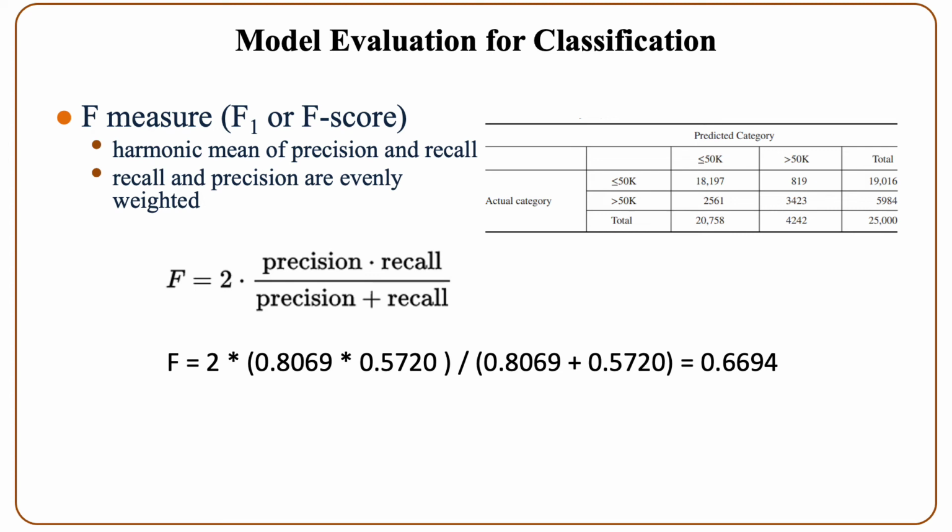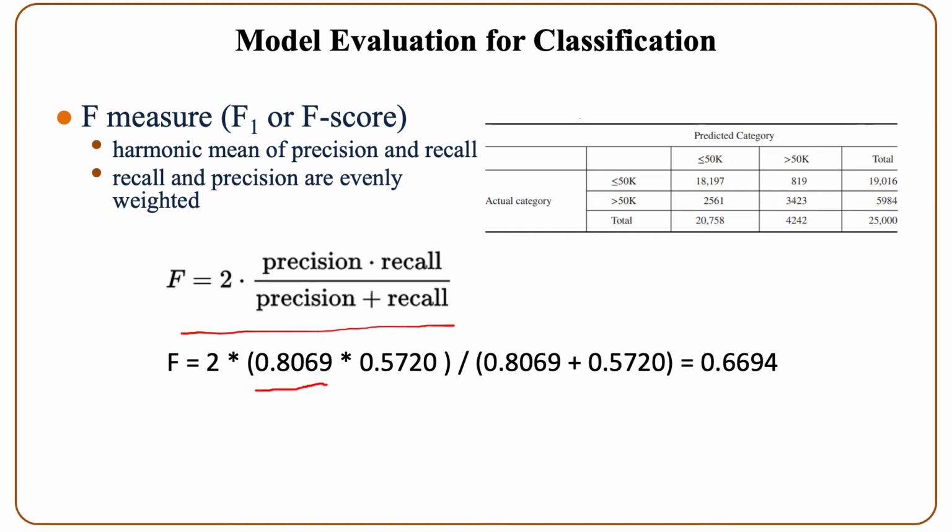The F measure, also called F1 or F score, is the harmonic mean of precision and recall, and it is defined as 2 times precision times recall divided by the sum of precision and recall.